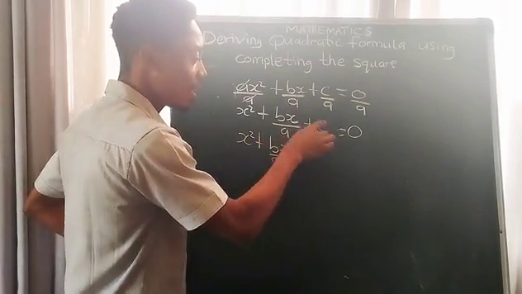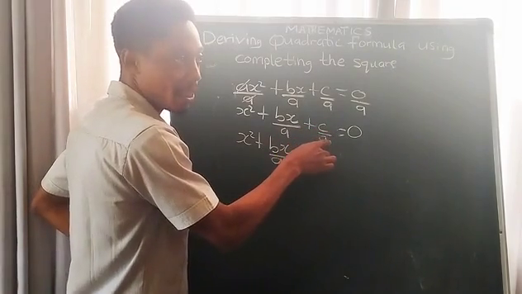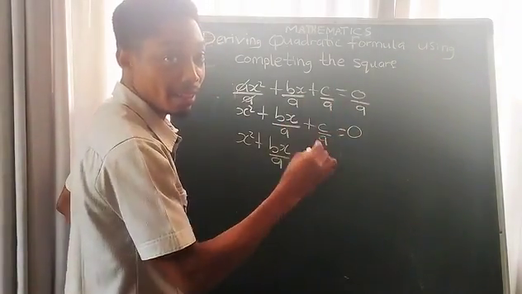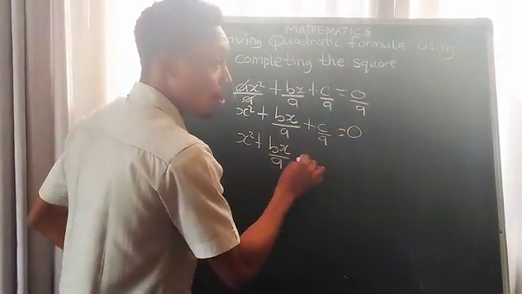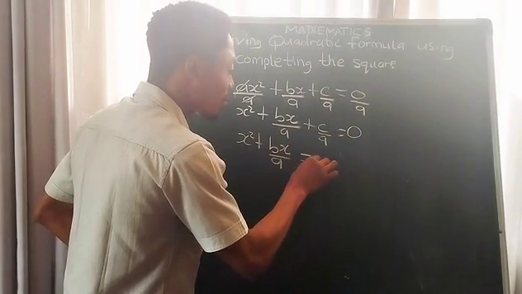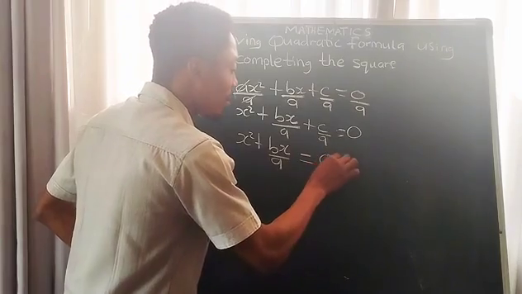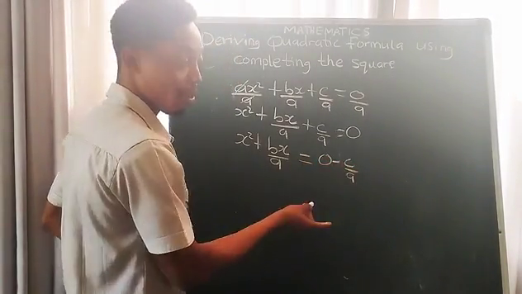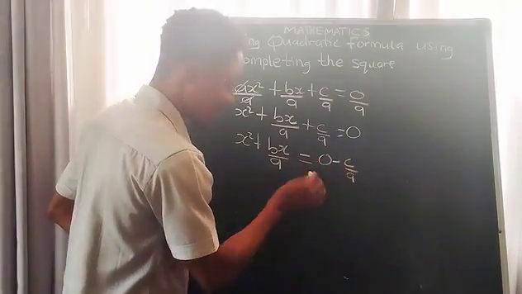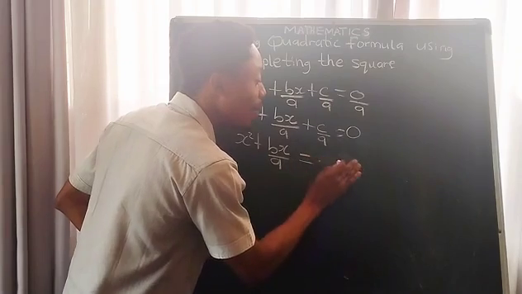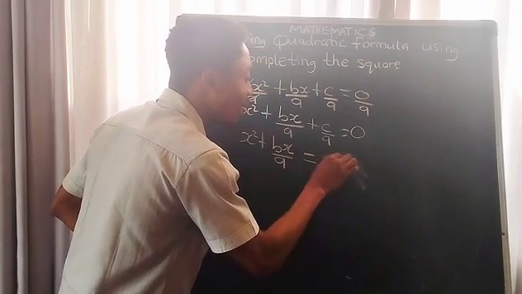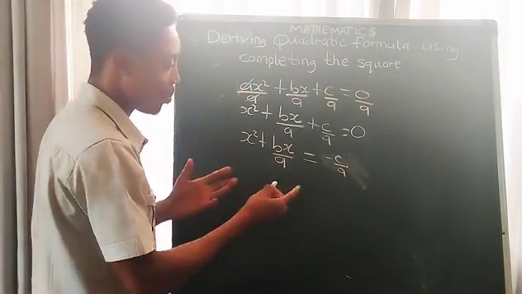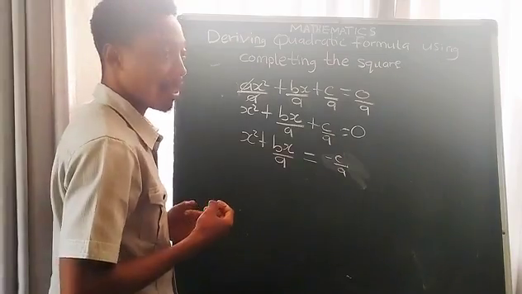Of course, c over a does not contain x, so we're going to take it to the right hand side. So this will be equals to 0 minus c all over a, which gives you minus c all over a. I just put that up so you can understand.